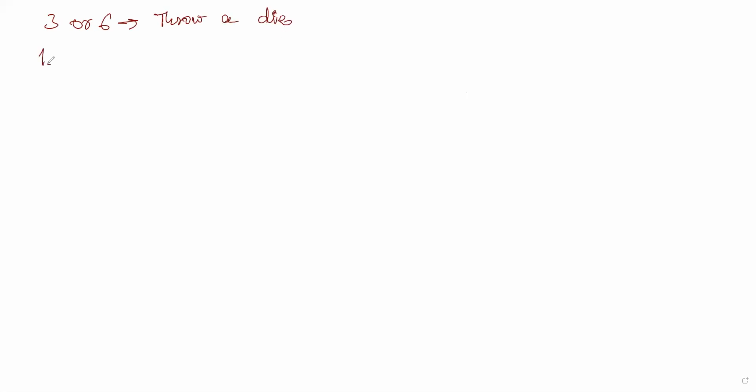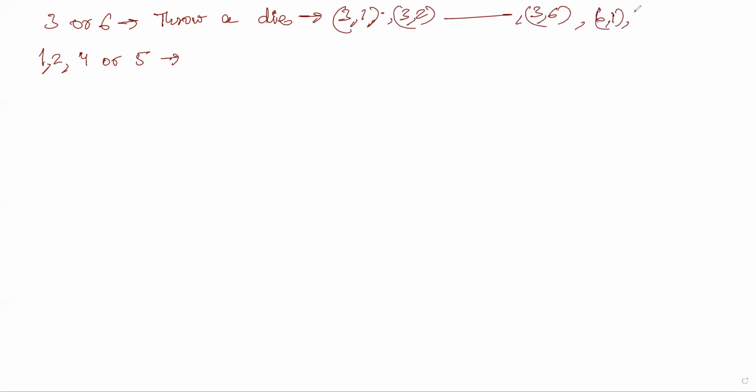Let's understand the question once more. So this is 3 or 6. If 3 or 6 comes, we have to throw a die. And if we throw a die, in that case either 3-1, 3-2, 3-6, or 6-1, 6-2, up to 6-6.